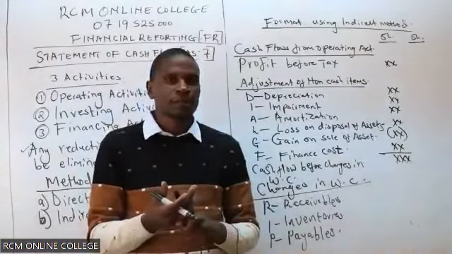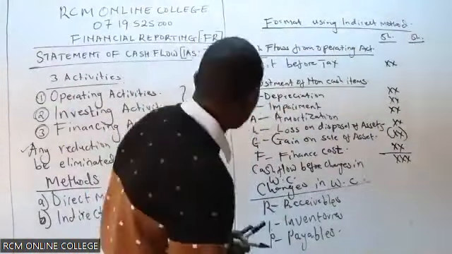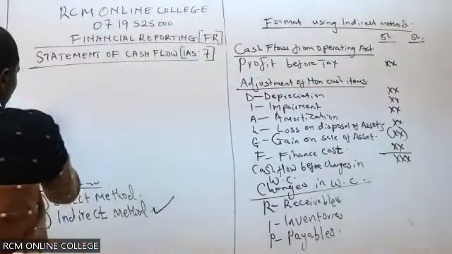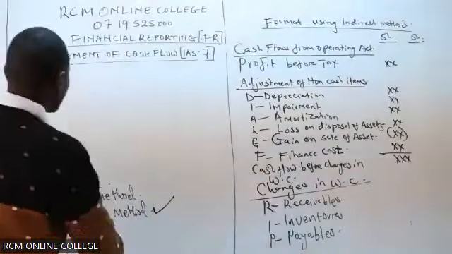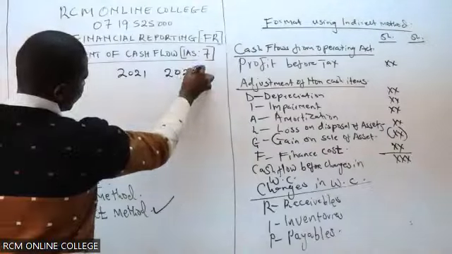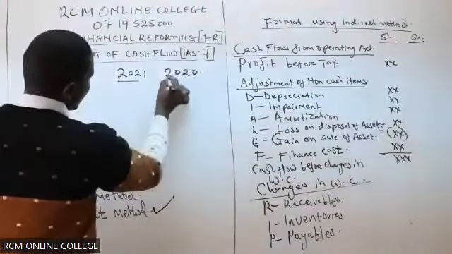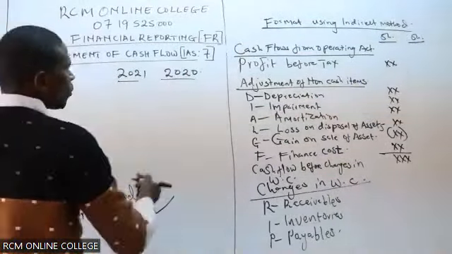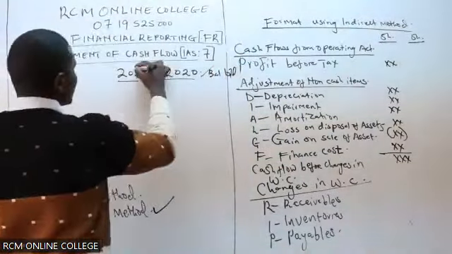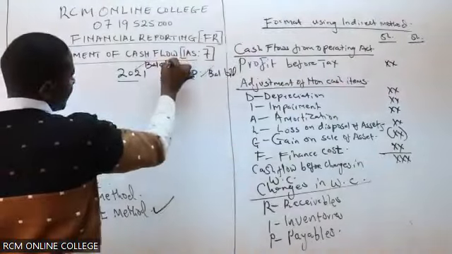So you check. For example, I have year 2021 here, 2021 and 2020. This is the current year, the previous year. So this stands for all the balances that were brought down, and this is for balances that are carried down.